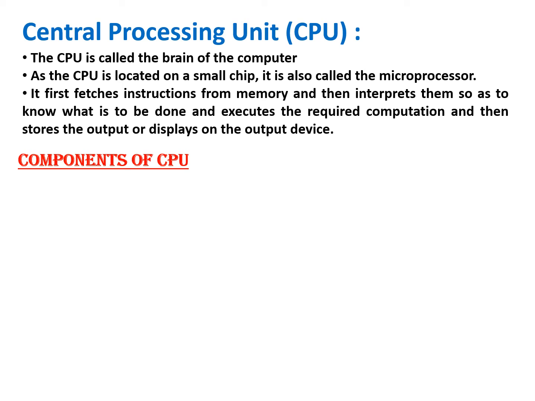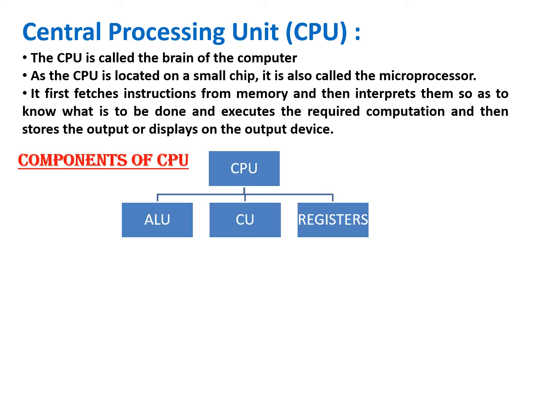This CPU is divided into certain parts: ALU, CU and registers. Now, ALU works whenever we are doing mathematical calculations or logical calculations, that is, we are comparing different data.